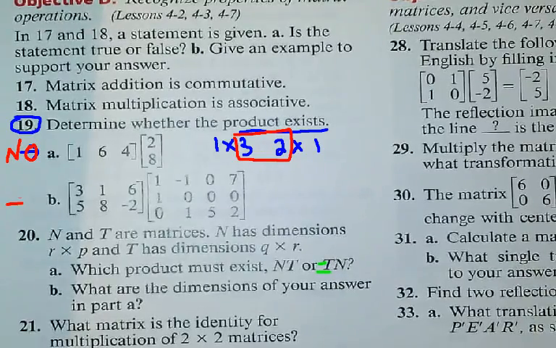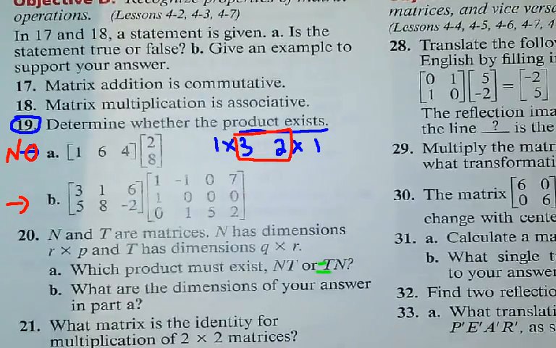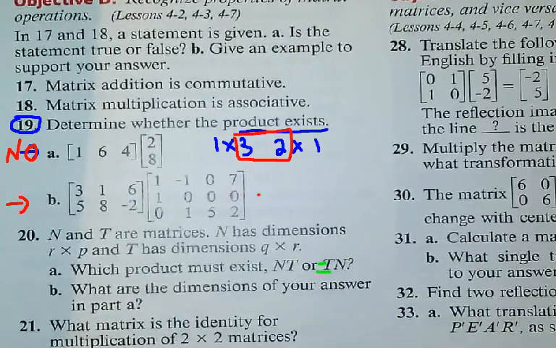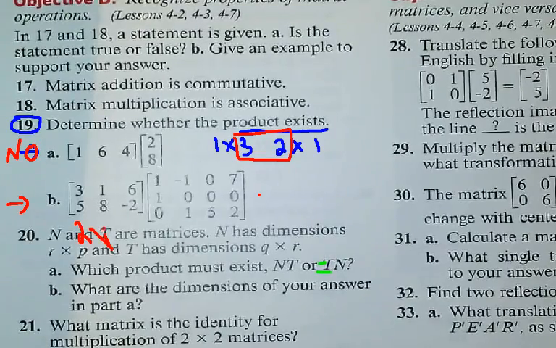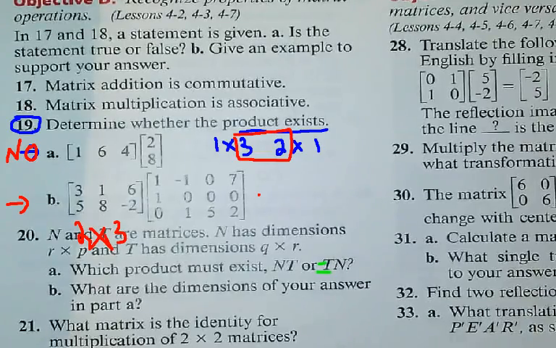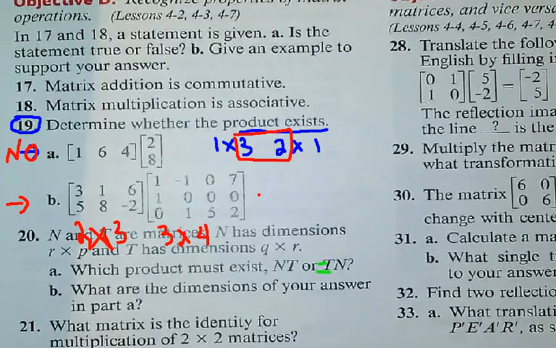Let's look at this one. Can I multiply these two together? How tall and how wide? The first one is a 2 by 3, right? And the second one, how tall is it? 3 by 4, right? Yay!